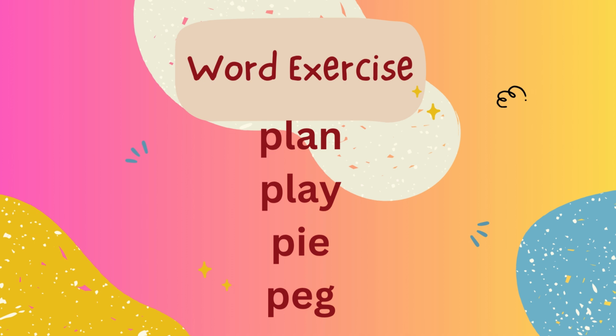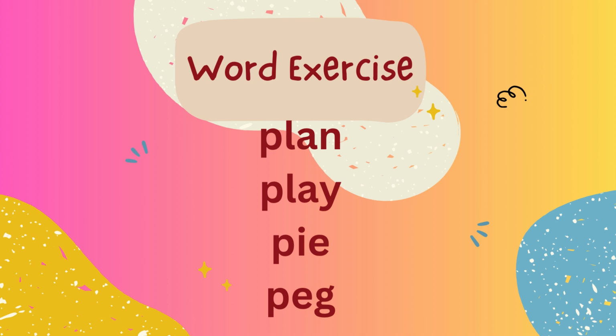Give me the outline of these four words. We have discussed this earlier and you have been provided the outline. So number 1 is plan, number 2 is play, number 3 is pie, and number 4 is peg. We will reveal the answer in 3 seconds.